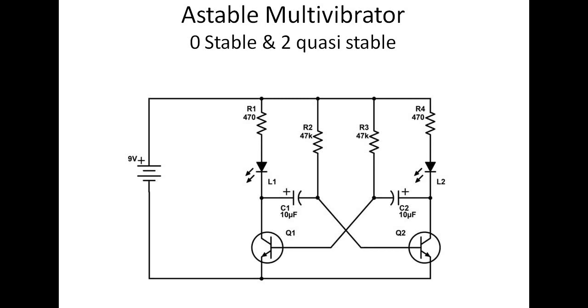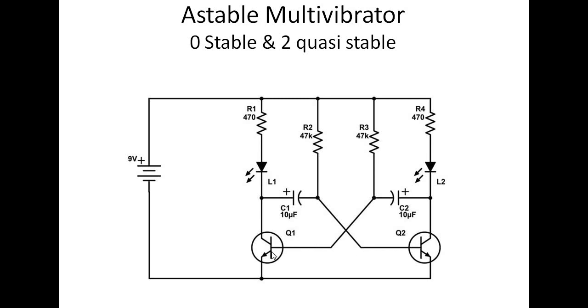Why are two transistors not in saturation at the same time? Look here, we have two different transistors, even though the part number is the same, like BC547, right? The beta of these two transistors is not identical. The beta of Q1 may be 500, the beta of Q2 may be 300, and still we can use them in this circuit with two different betas.